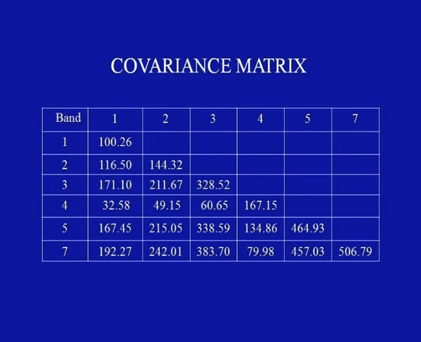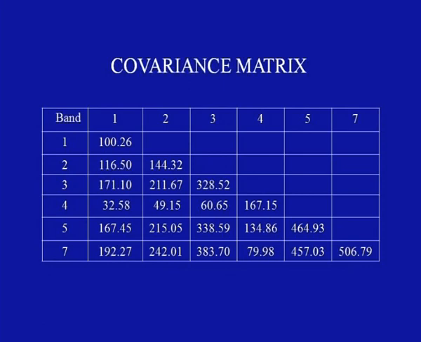Here we find that the diagonal terms are nothing but the square of the standard deviation, which we call variance. Variance is like entropy in thermodynamics, which tells us the amount of heat energy.